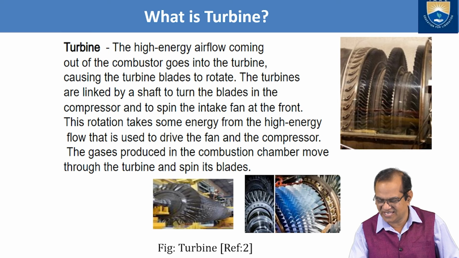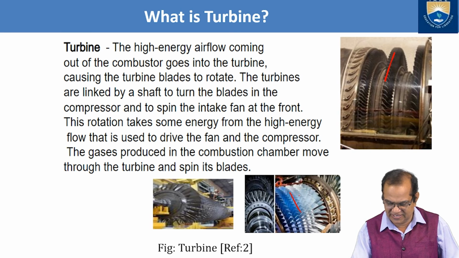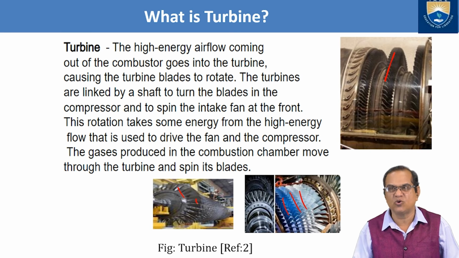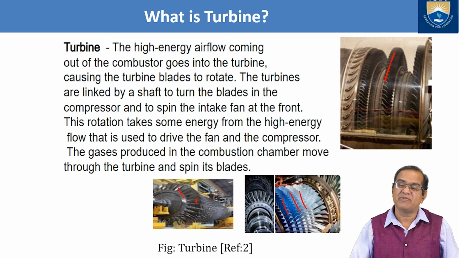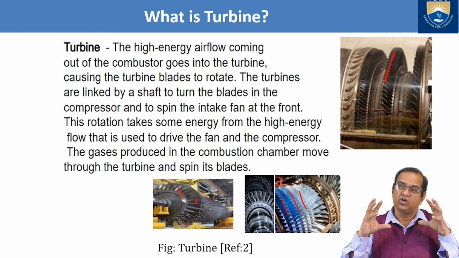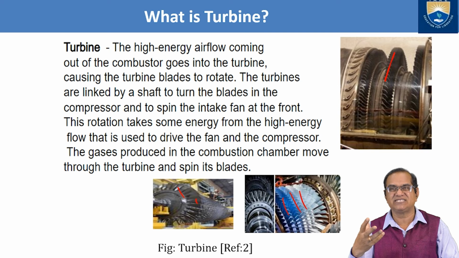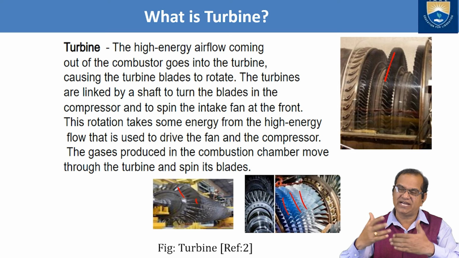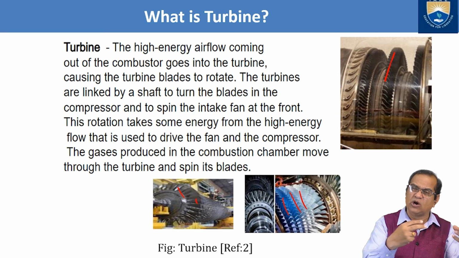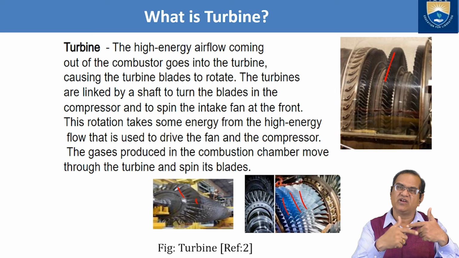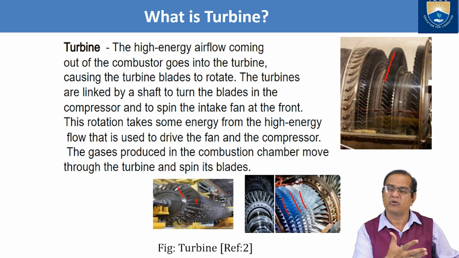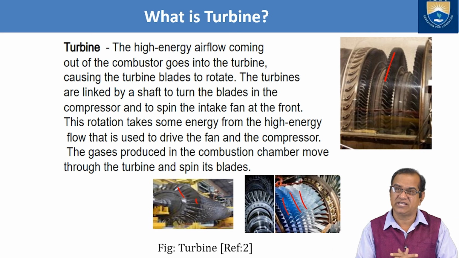So here you can see the turbine's blades. They are shown here, and these turbine blades are used to convert chemical energy or heat energy into mechanical work, and they are rotated, and this rotation goes with the shaft, and on the shaft we have the compressor, the propeller, and other rotating parts.